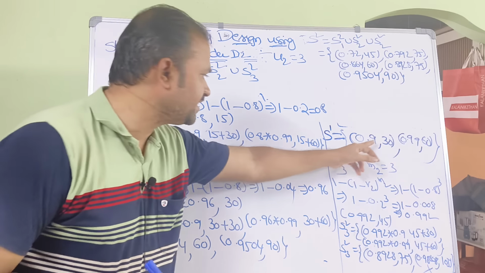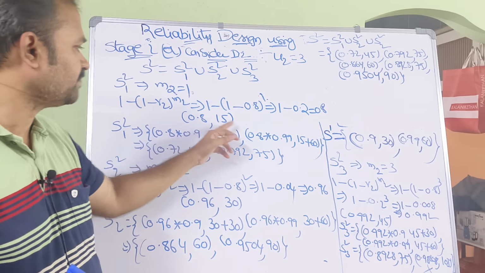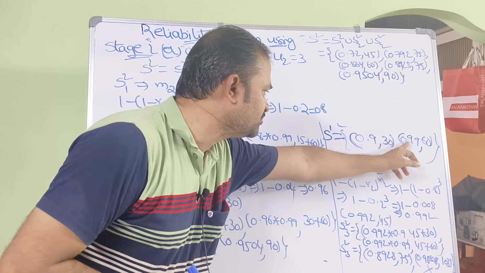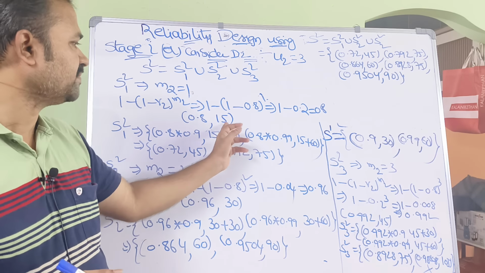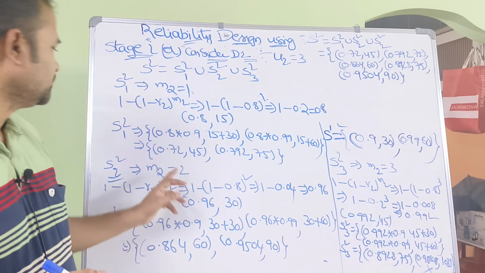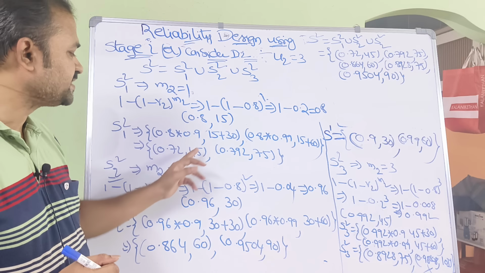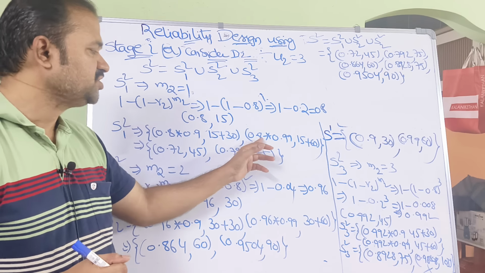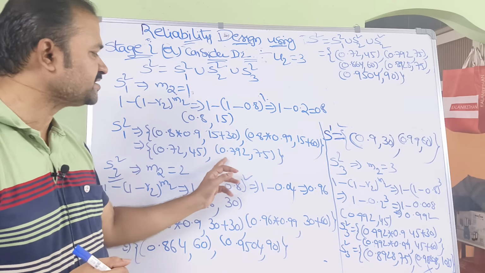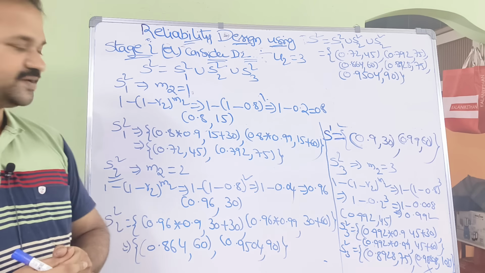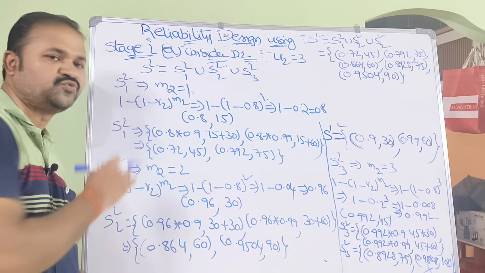So 0.8 into 0.9 comma 15 plus 30 comma 0.8 into 0.99 comma 15 plus 60. If you do the multiplication, we will get 0.72, 15 plus 30 means 45 comma 0.8 into 0.99 means 0.792, 15 plus 60 means 75. So this is the result of S power 2 1.